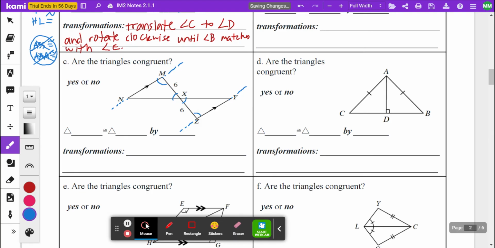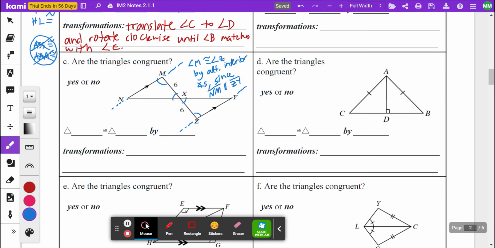Angle M is congruent to angle Z by alternate interior angles, since line NM is parallel to line ZY.